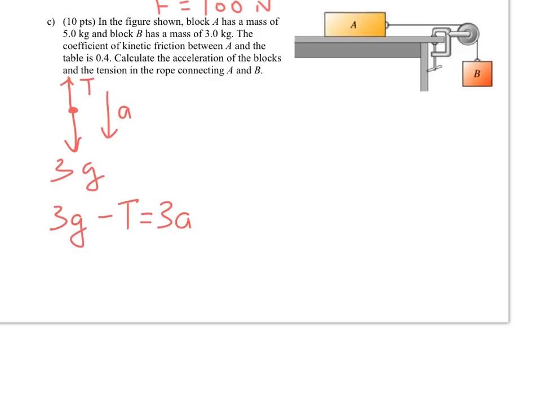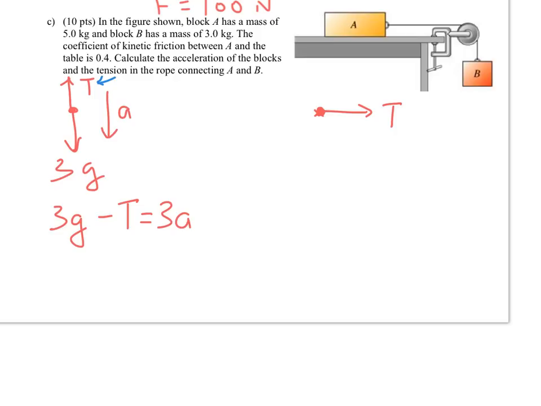Let's go to the other problem. The other free body diagram is A, and it has tension, the same tension as the one in B, because it's one rope.